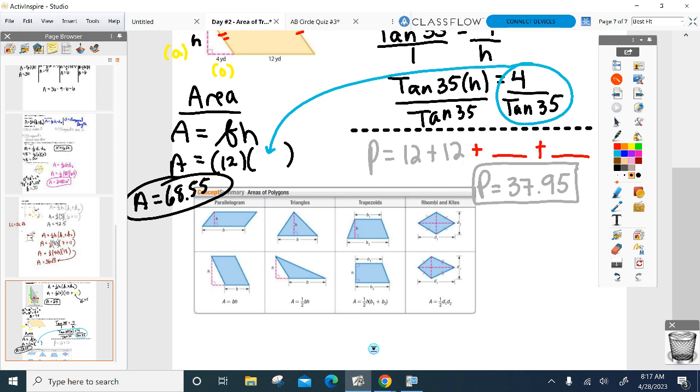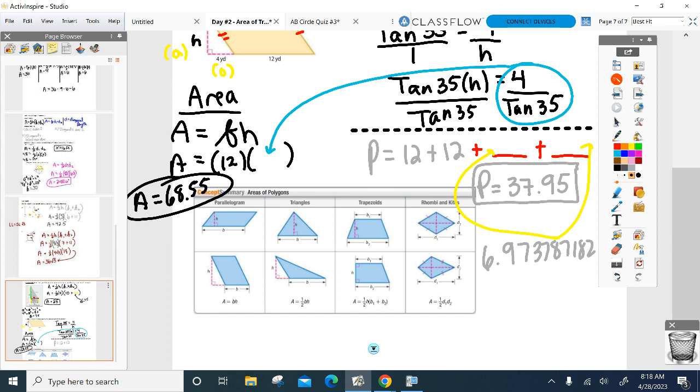I'm ending up with 37.95 at the end here. Make sure we can get that. That missing side of the parallelogram, I'm getting about 6.9737.